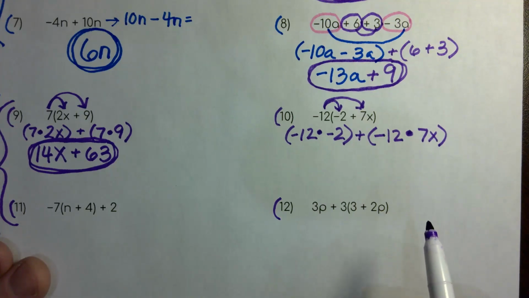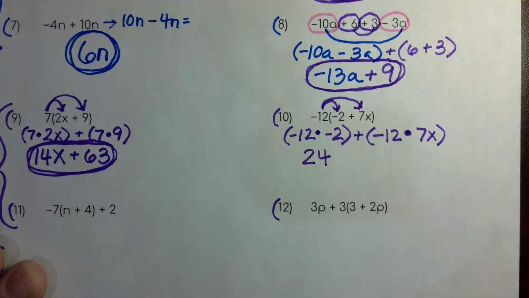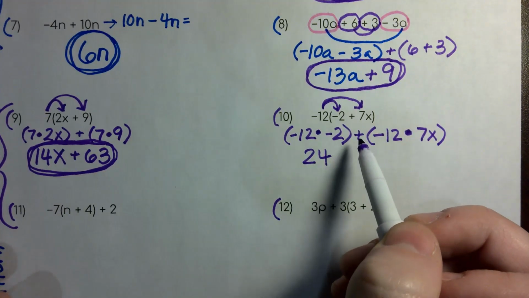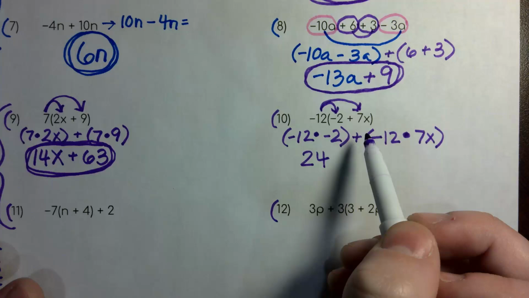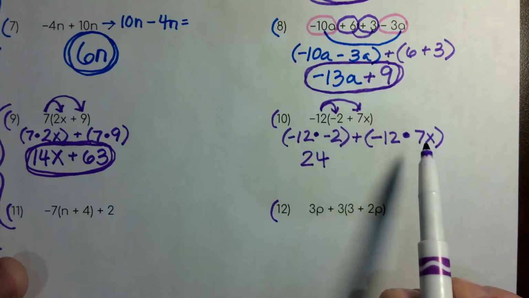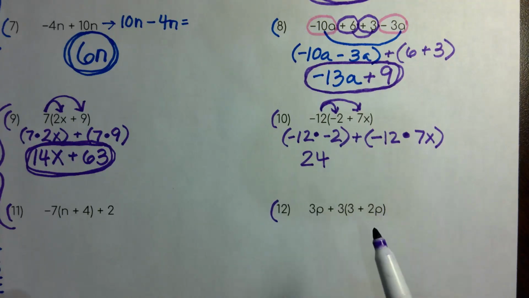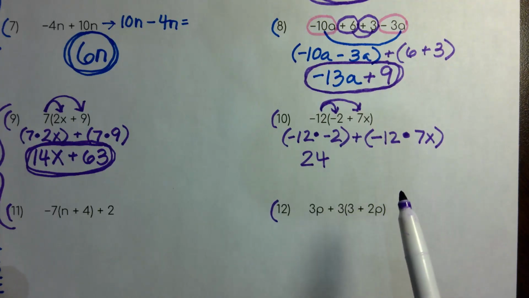Positive 24. Good. So I'm going to write 24 directly under it. And I'm not going to bring this plus sign down just yet, because if I end up getting a negative answer here, I don't want to write plus negative. I could just write minus, because when you add a negative, you just subtract. And that's a more simplified way of writing it.